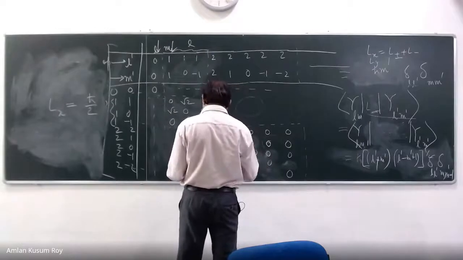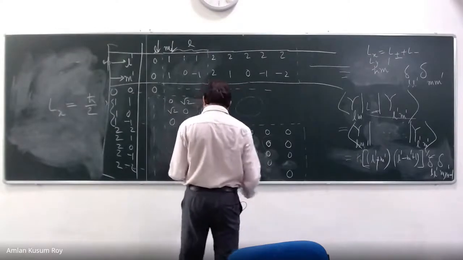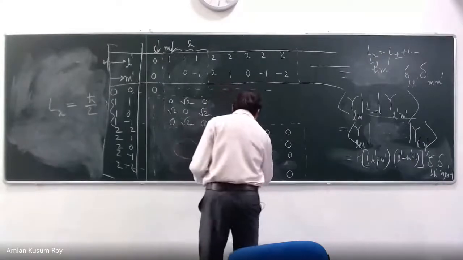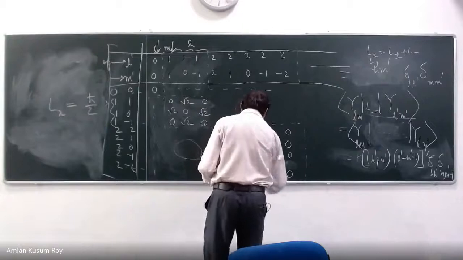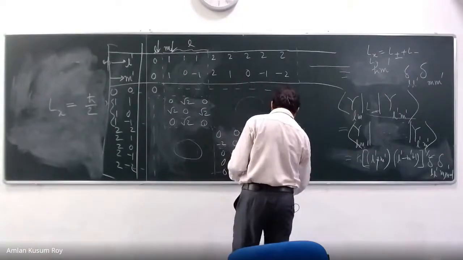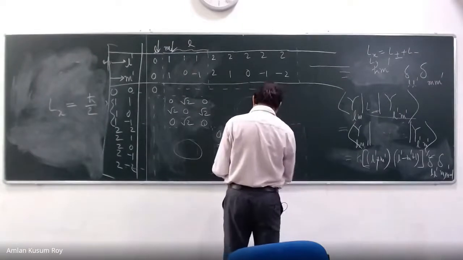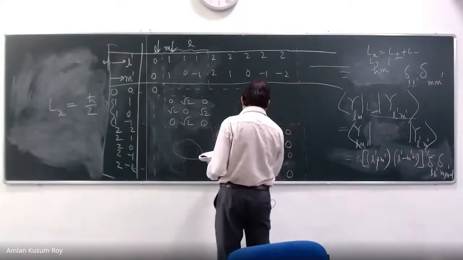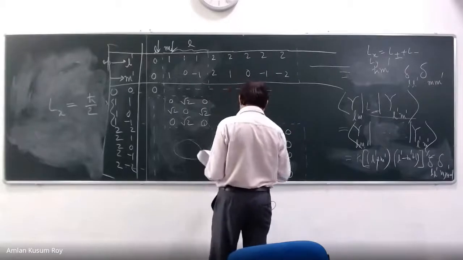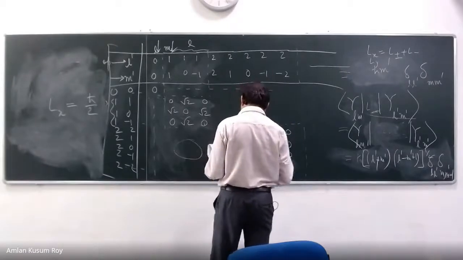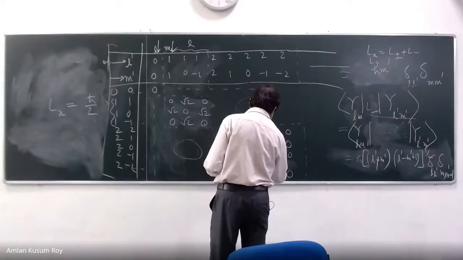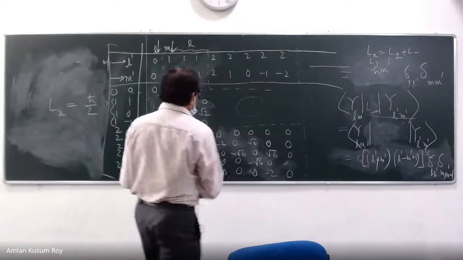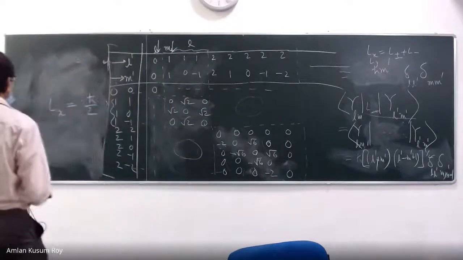So you will have 0, minus 2, minus root 6, minus root 6, minus 2, and then 2, 0, root 6, root 6. So this is your Lx.